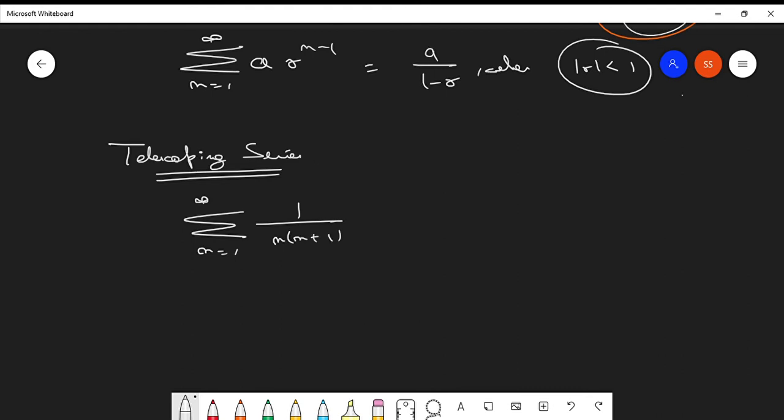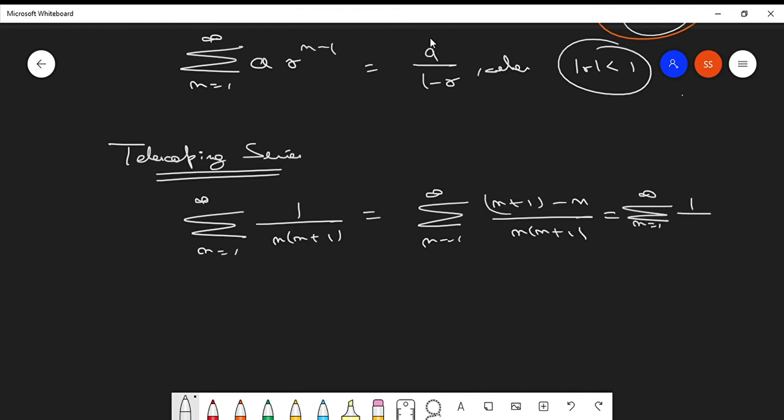Now why is this a telescoping series? How can you write this series? Carefully notice. You can write this series as the sum from n equals 1 to infinity of (n plus 1 minus n) over n into n plus 1. This can be further written as the sum from n equals 1 to infinity of 1 over n minus 1 over n plus 1.